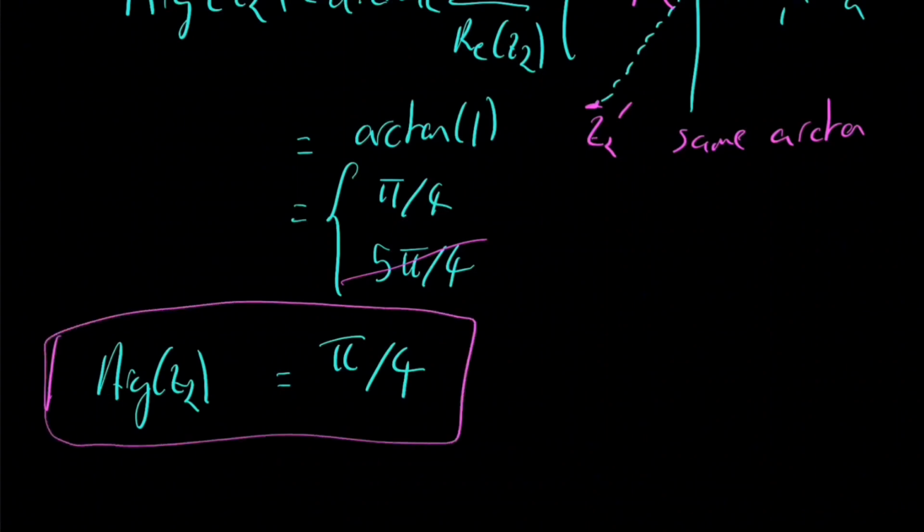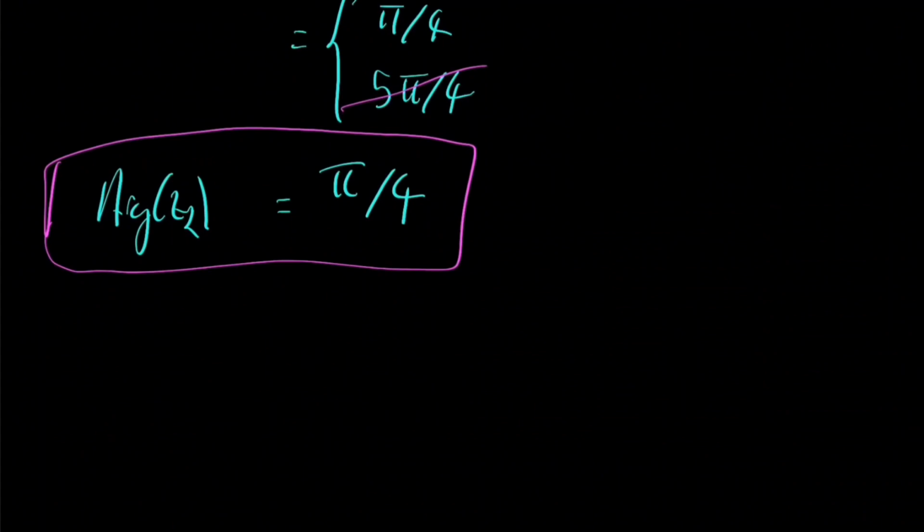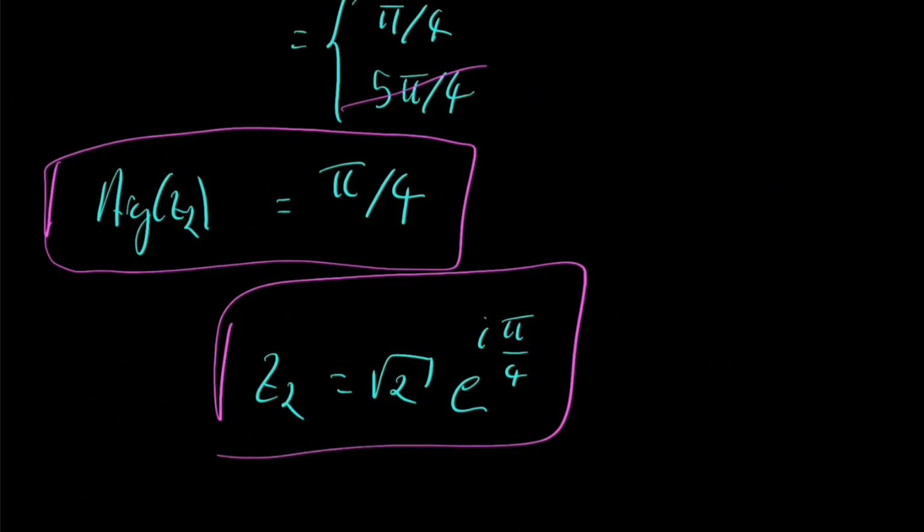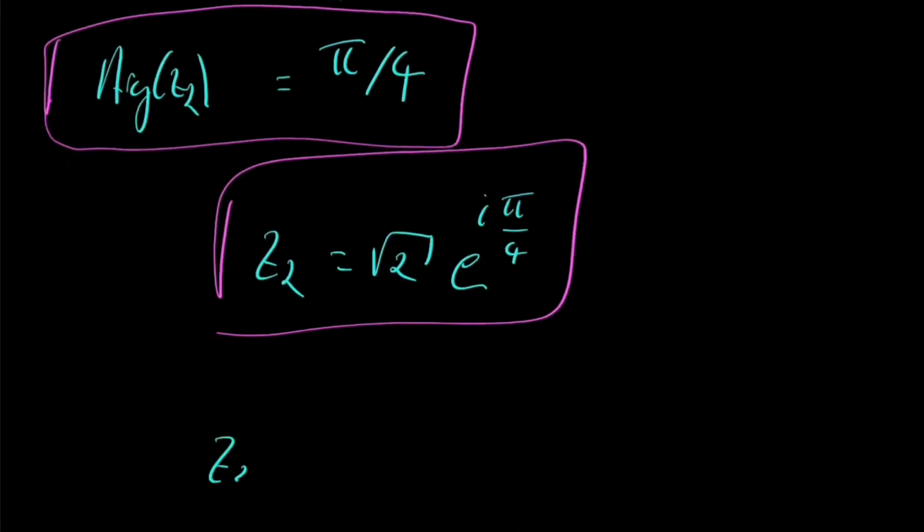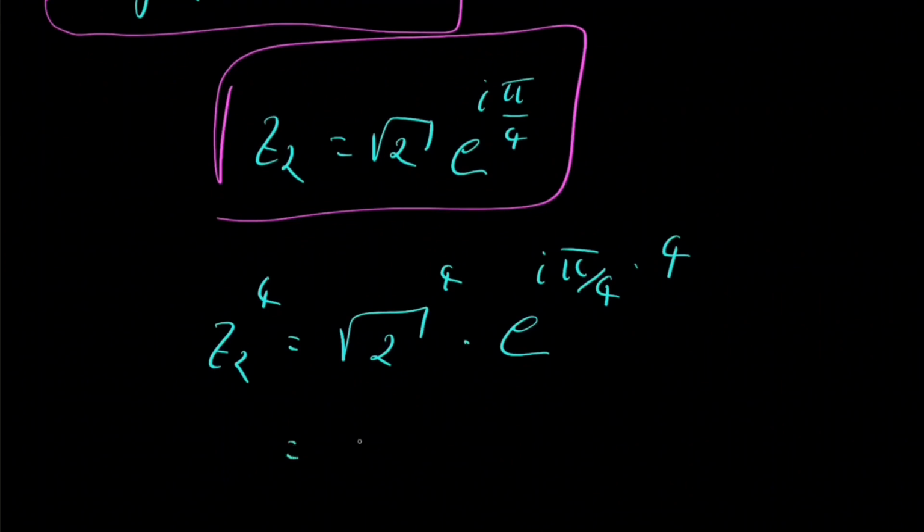So now let's write z2 into a trigonometric form, equal to its module, so square root of 2 times exponential of i times the argument pi over 4. Okay, and now it's really easy to compute z2 to the fourth, equal to square root of 2 to the fourth times e to the i pi over 4 times 4, which is equal to 4 times e to the i pi.